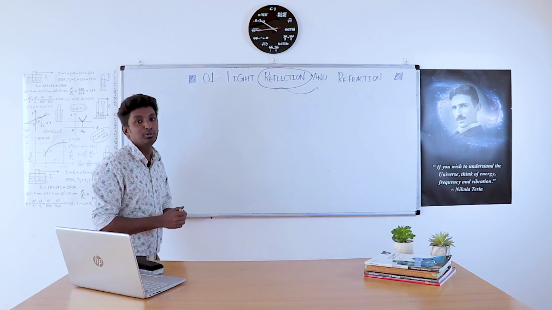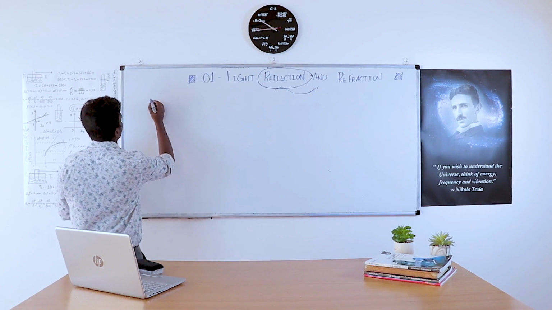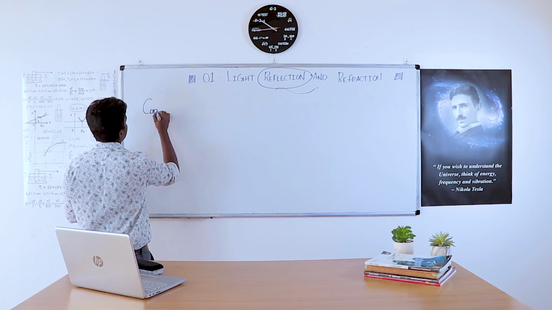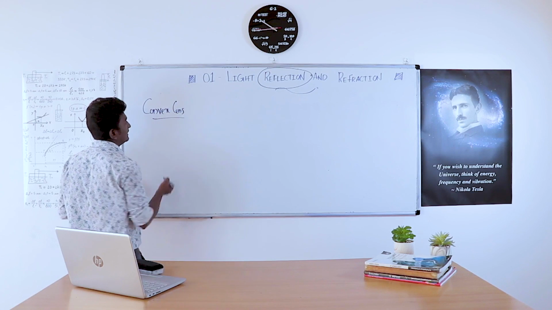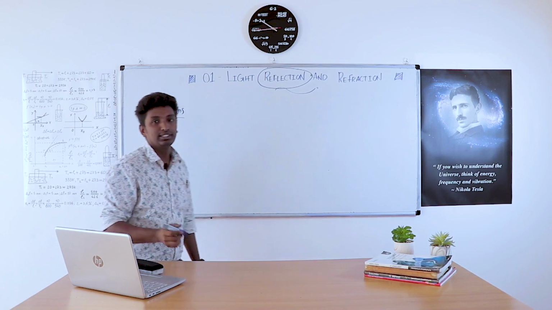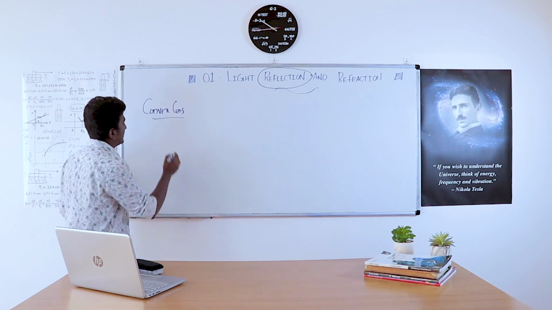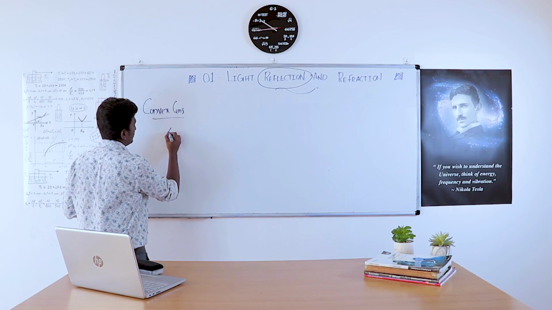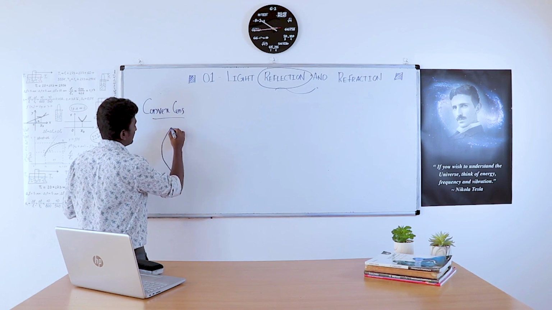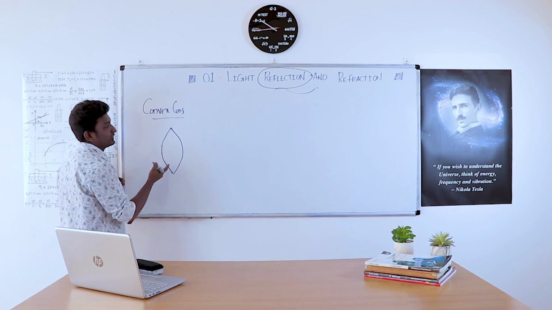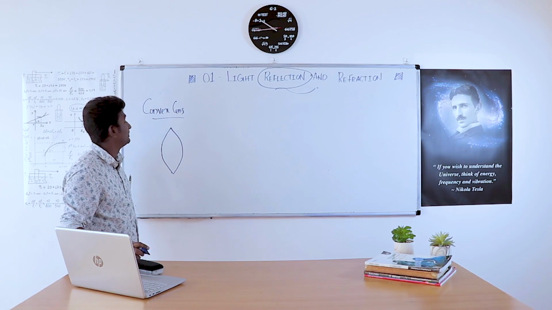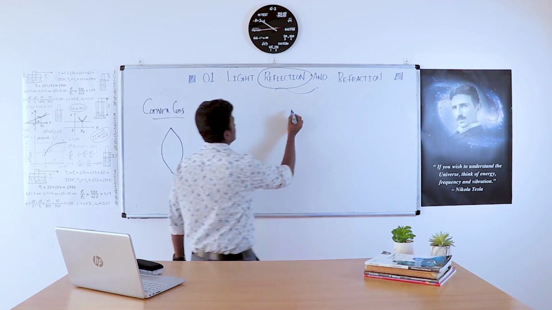So we need to study about two types of lens, convex lens and concave lens. For a lens, we know that both the surfaces are refracting surfaces. So if the refracting surfaces are curved outwards, then it is a convex lens.